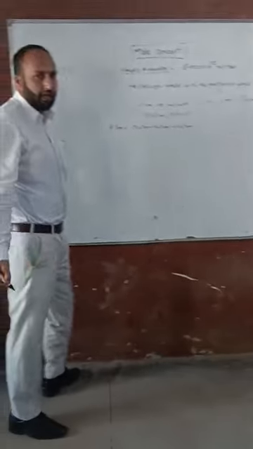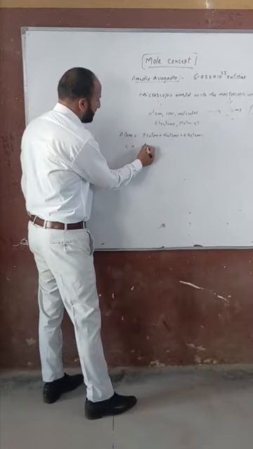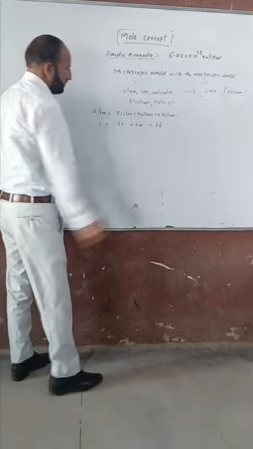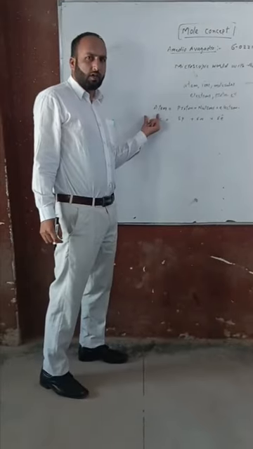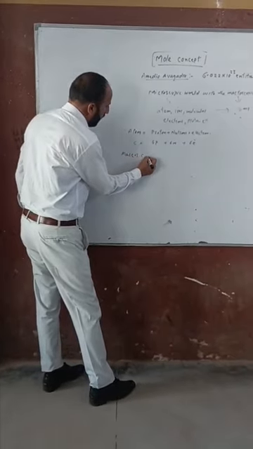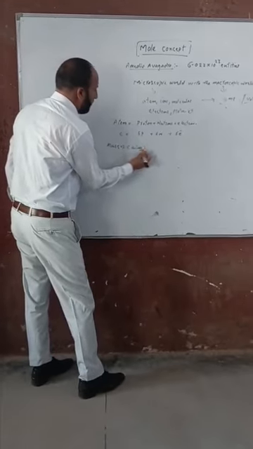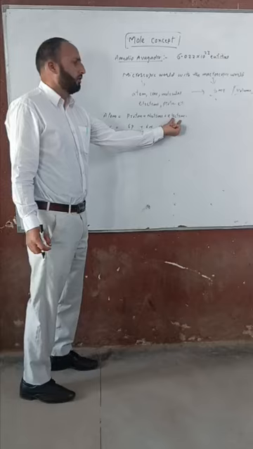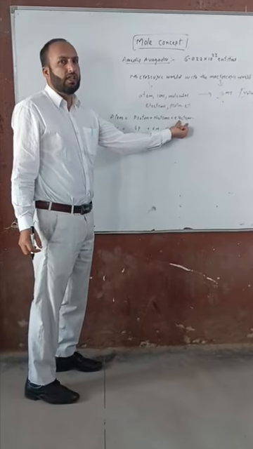For example, here we have a carbon atom. It has 6 protons, 6 neutrons, and 6 electrons. The mass of the carbon atom will be equal to the mass of protons, neutrons and electrons. But the mass of the electron is negligible.